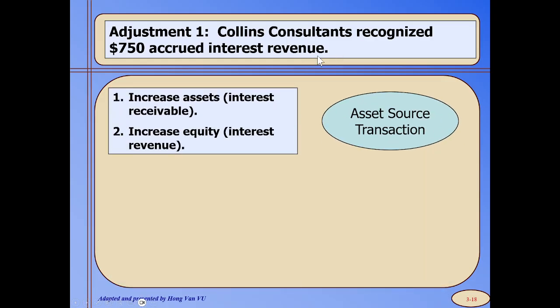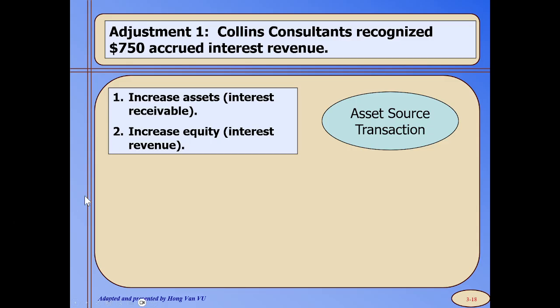During that period, the company has money they put in the bank or lent to someone, so now they receive revenue. In fact, this revenue is not a cash transaction because they just recognize it. It means that they adjust it in their booking system.